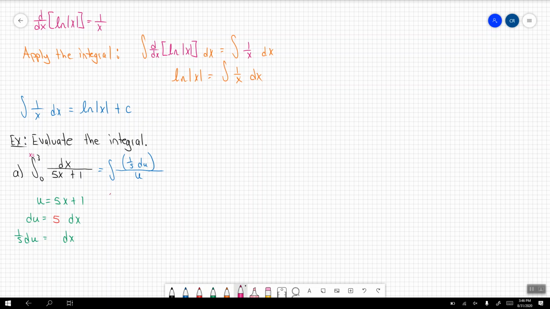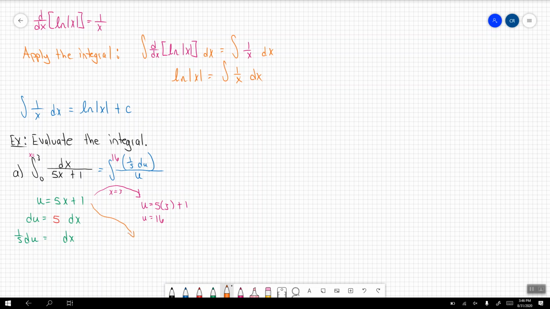If x is equal to 3, I'm going to use this equation to say that u is equal to 5 times 3 plus 1, which means that u is equal to 16. There we are.